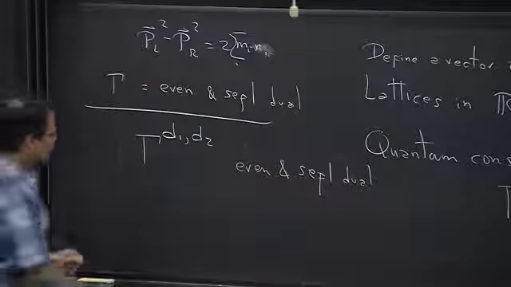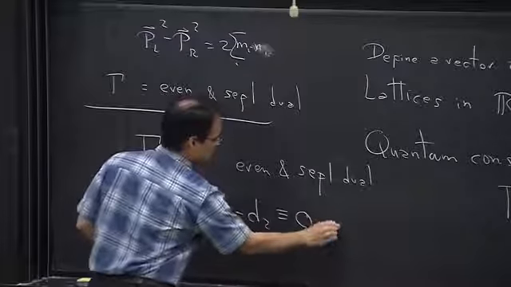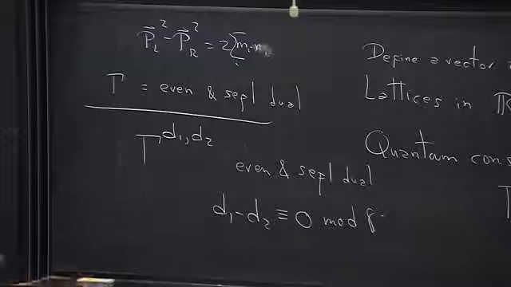And they only exist if D1 minus D2 is equal to 0 modulo 8. Okay? Then you say, well, D1 and D2 equal to each other is definitely 0 modulo 8. So great, we can compactify. We know what the lattices are and so on.